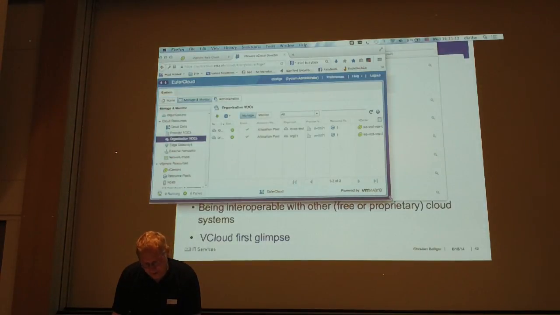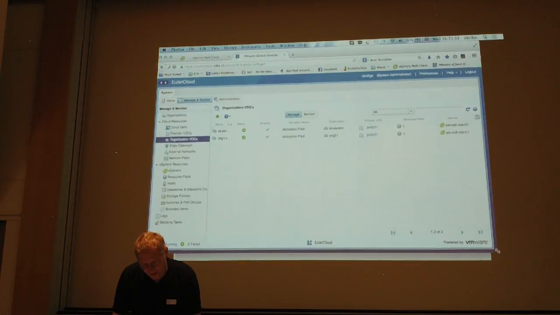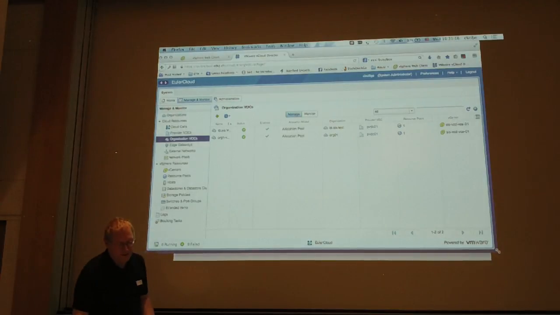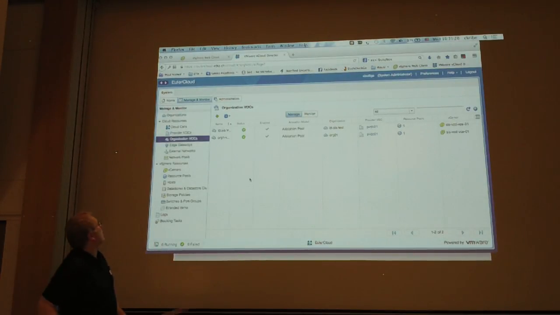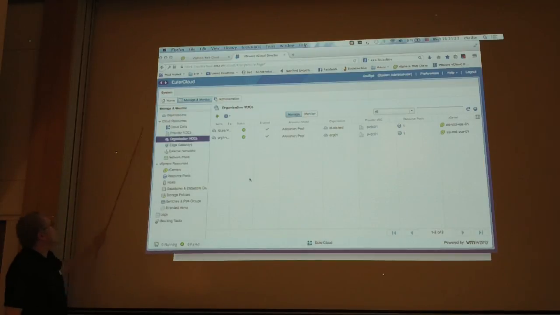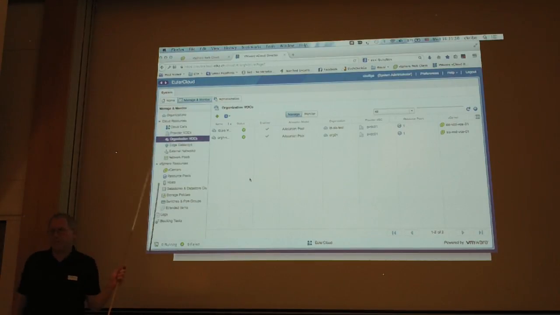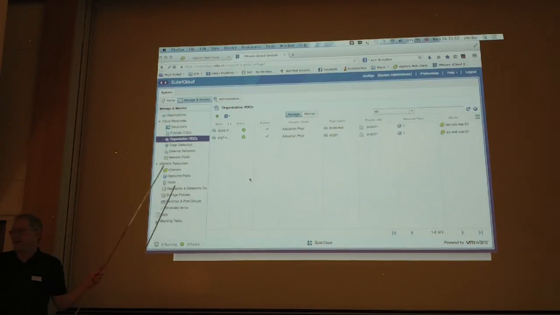Okay. I just adjusted the... So, I mean, it looks quite nice. What's really nice for us is that you can have different organizations. You can have a multi-tenant system, or said in good German, mandantenfähiges System.